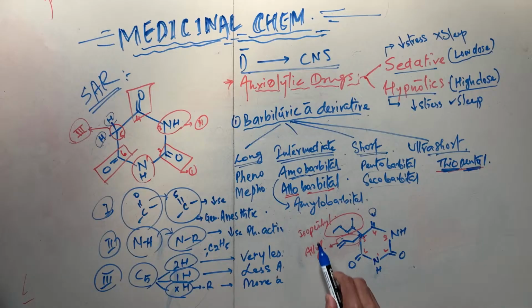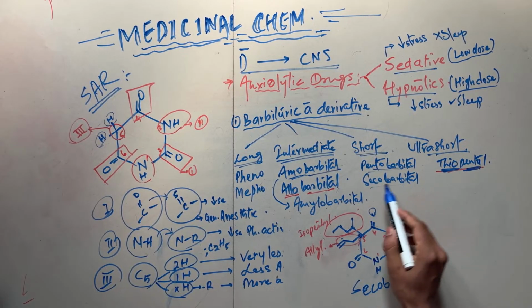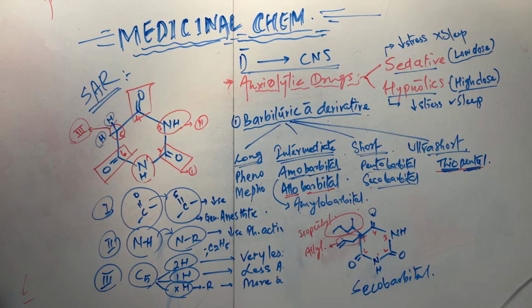So presence of allyl and isopentyl group will make it secobarbital. It is called secobarbital. It is visible or not? Yes, it is visible. So it is secobarbital. So structures are very simple. You need to understand just how it is given, or how the names are given.